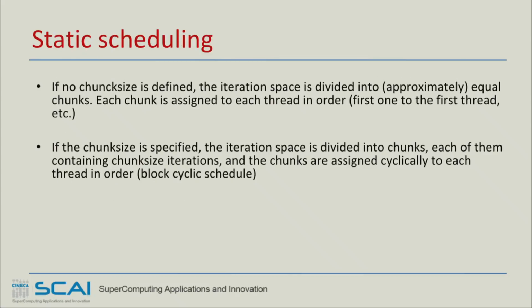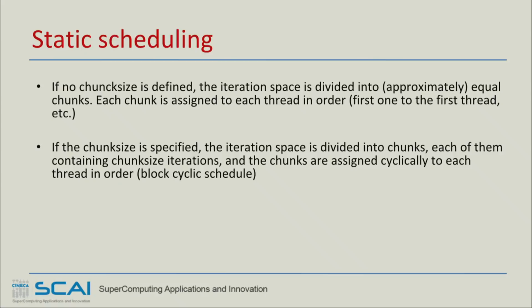There is also another option that is slightly more complicated, where I can decide to have a chunk size. For example, I decide that I have 400 iterations, and I decide that I have a chunk of 50 iterations. Okay, so we start to distribute them in a round-robin way.